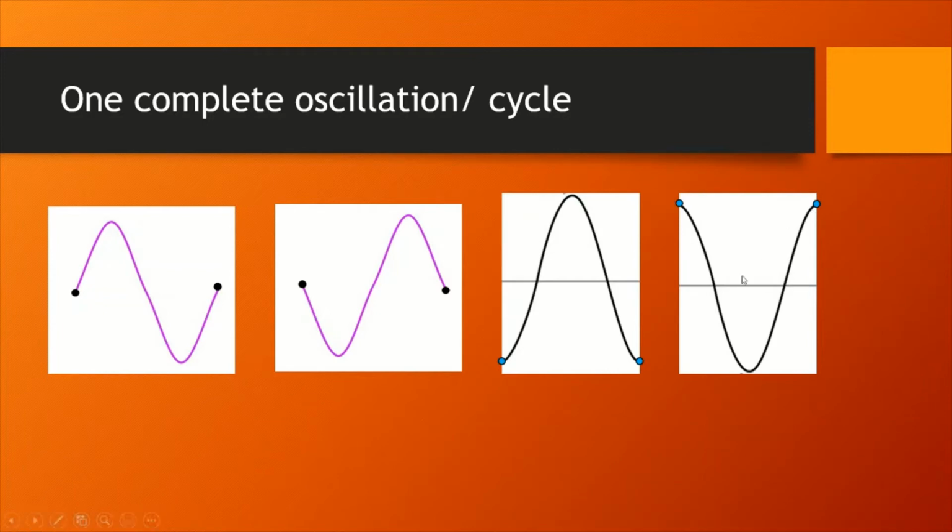Or we can say that two consecutive points that are in phase make one complete oscillation. These 2 points are in phase, consecutive, one after another. So from here to the next point that is in phase is called one complete oscillation. That's why from here to here is not one complete oscillation, because this is not in phase with that. Clear?